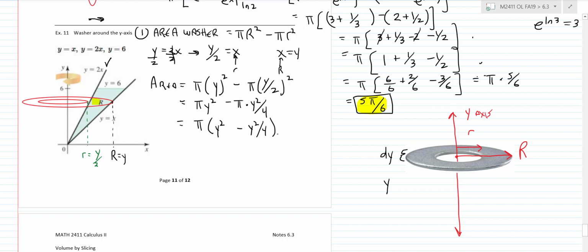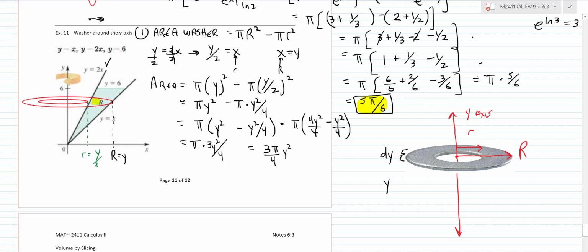And of course you could get a common denominator, which is really 4y squared over 4 minus y squared over 4. So that's equal to pi times 3y squared over 4. So our cross-sectional area is 3 pi over 4 times y squared.